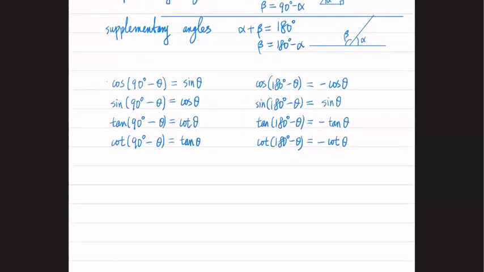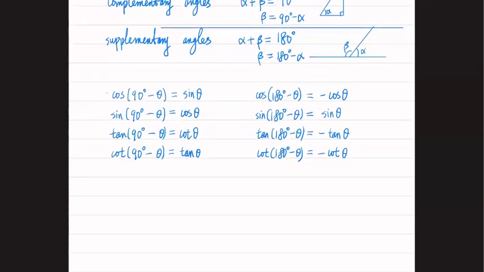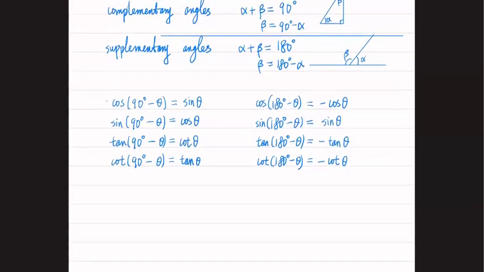Okay. Wait, is that negative thing because of the x-axis? Yes. So very soon, when we study circles, we will extend all four functions to more general angles. Okay.